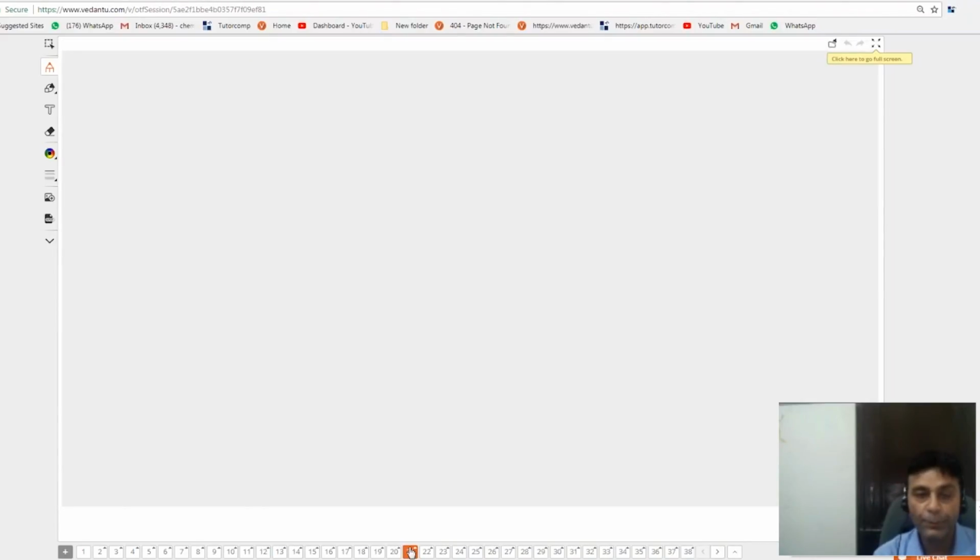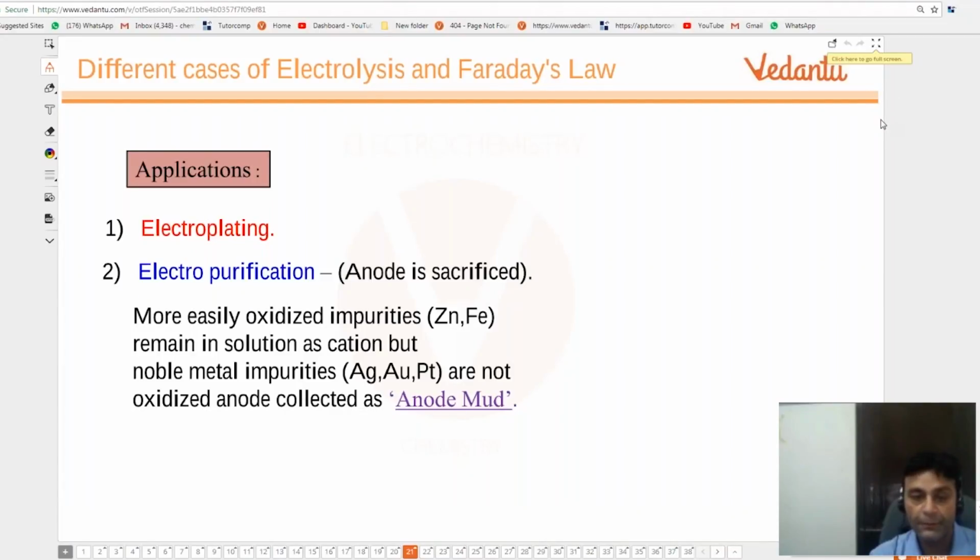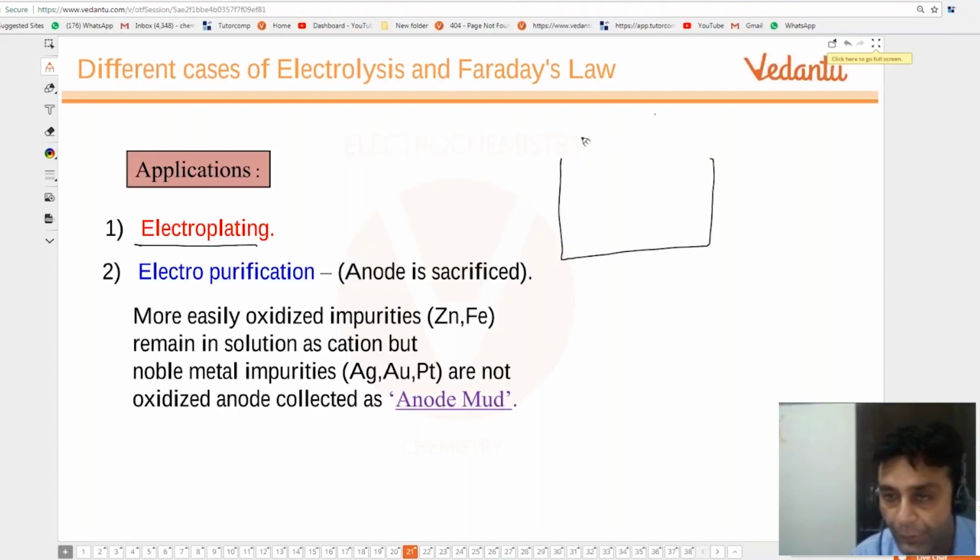Now we discussed the applications of electrolysis. Number one is electroplating. First of all, I'm discussing electroplating. How do we do that, right? Suppose I have this iron piece, and here is a platinum electrode, and on this iron piece, I want to electroplate silver.